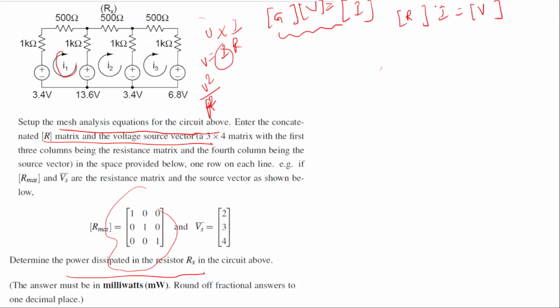We are provided V and we are provided R. We will solve the system of linear equations by taking the inverse of this matrix, so I equals R inverse times V. Basically, to find the I matrix we need to find R inverse. In today's class, the main objective of our discussion will be to find the R matrix. Is that clear?